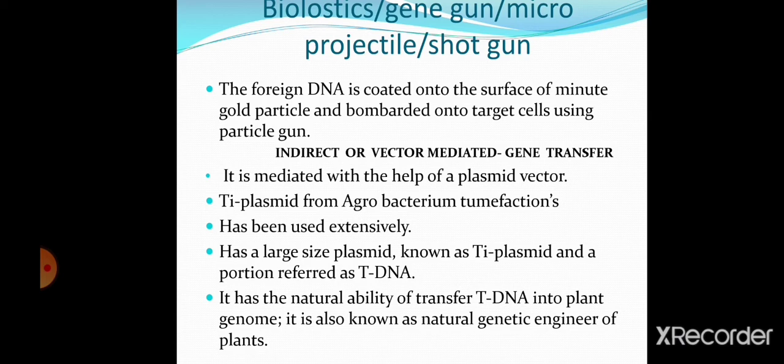So we can very accurately send this foreign DNA into the plant cell using this biolistic method. Where we are going to target, there we can send this foreign DNA using the particle gun. Then the bombarded cells or tissues are cultured on a selective medium to regenerate plants from the transformed cells.